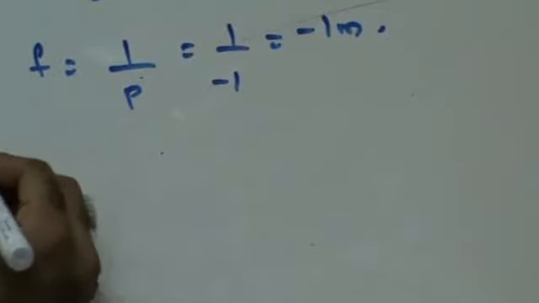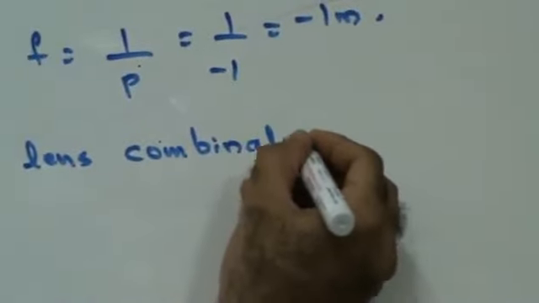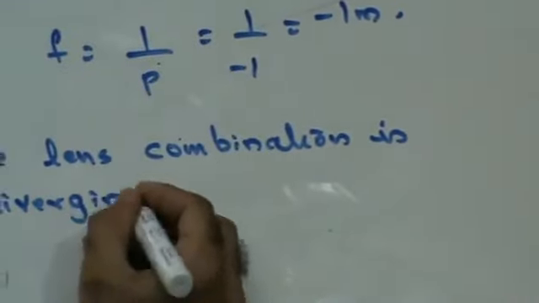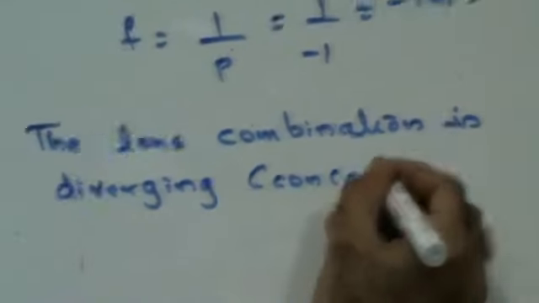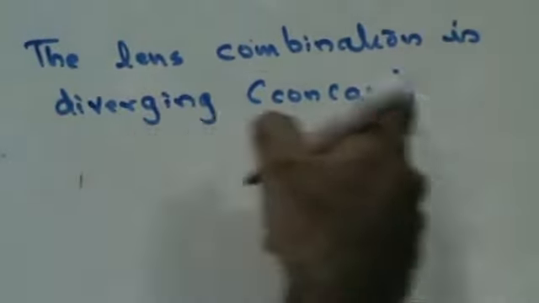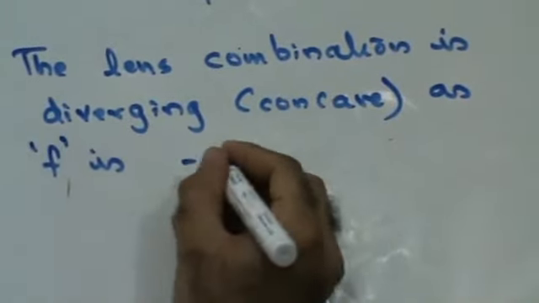If the focal length is negative, then it is going to be a concave lens, a diverging lens. The lens combination is diverging, in simple language, concave, because we know that for a convex lens, f is positive. It is diverging as focal length is negative, right? Take on next one please.